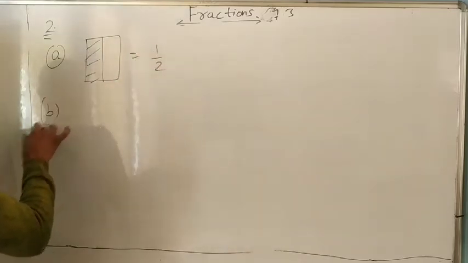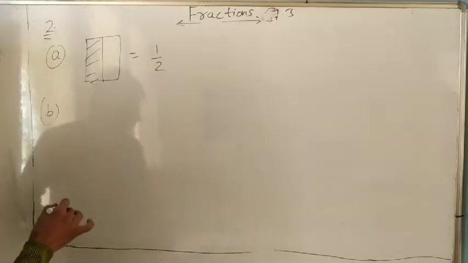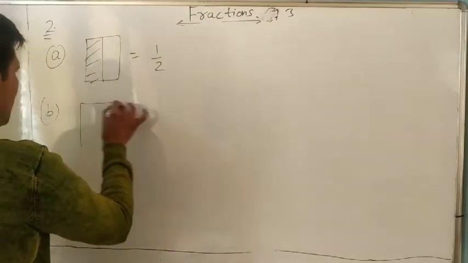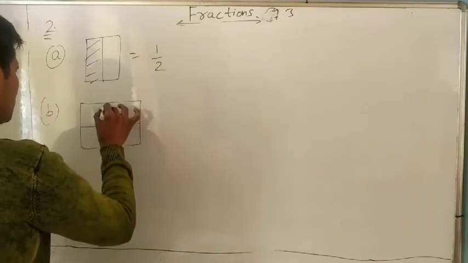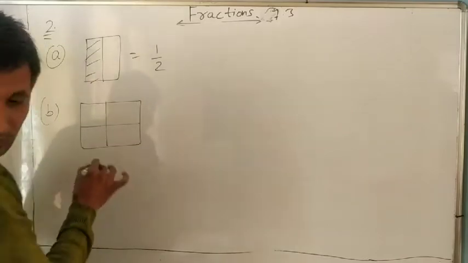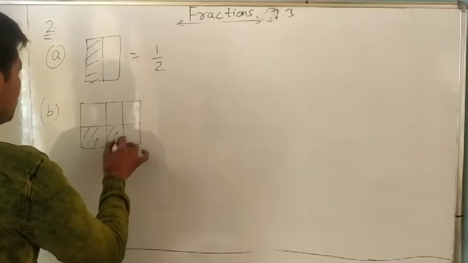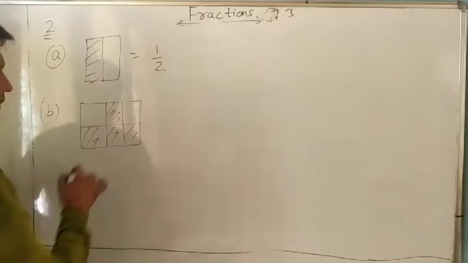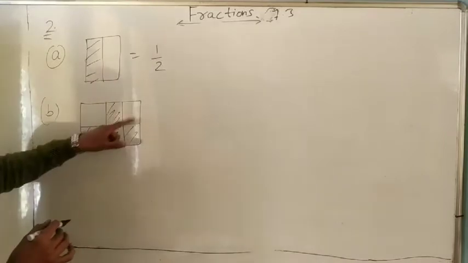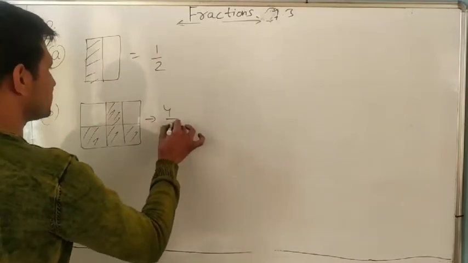B, like this one you have to find. Okay, B. So its fraction is 1, 2, 3, so it means 4 upon 6.